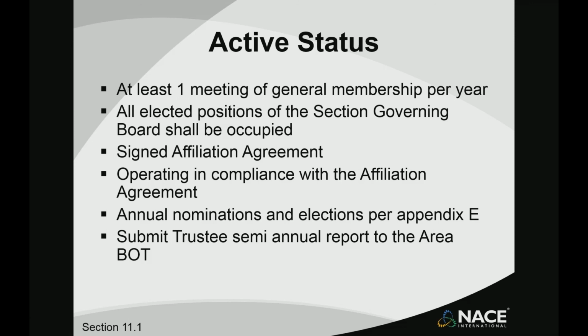That consists of submitting the financial information to headquarters as requested and following all operating manuals, policies, and bylaws of the association. They must host the annual nominations and elections per the Appendix E, which we discussed previously, which will be the electronic elections. And they must submit semi-annual trustee reports to the Area Board of Trustees.